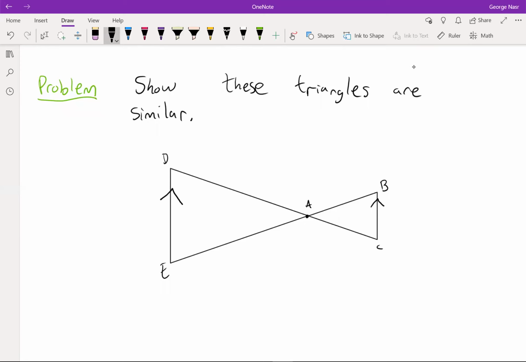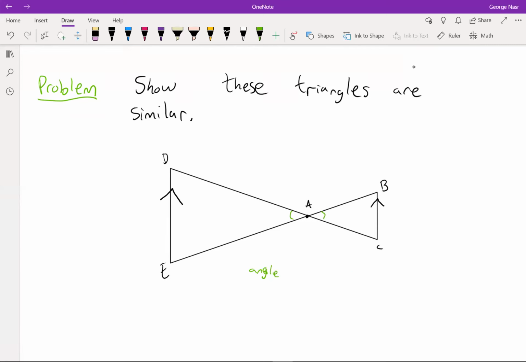Okay, so right away, the first thing I see when I look at this picture is opposite angles, and I like opposite angles. So angle DAE equals BEC.